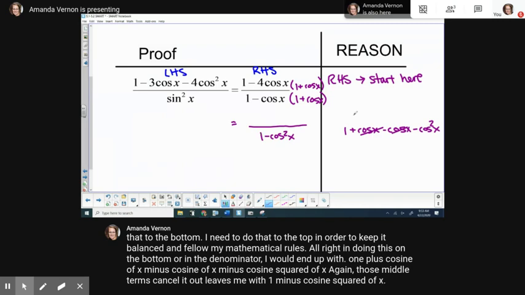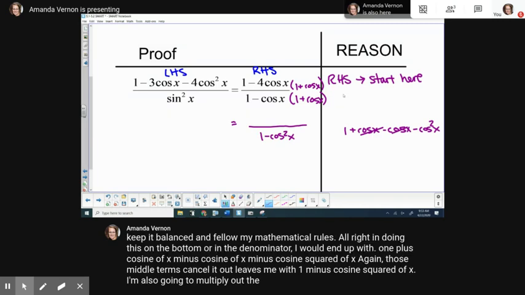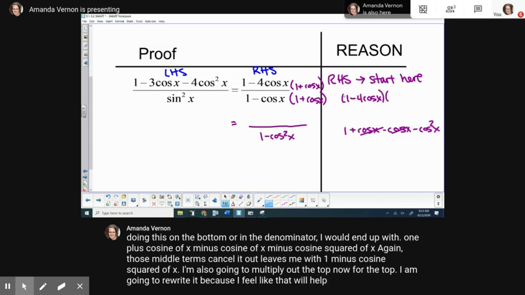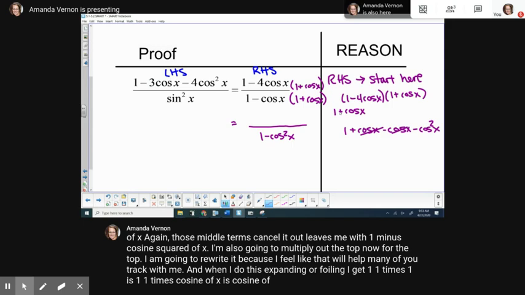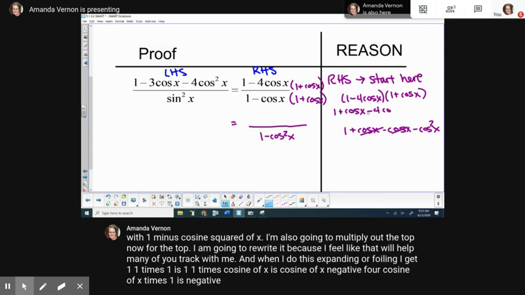I'm also going to multiply out the top. Now, for the top, I am going to rewrite it because I feel like that will help many of you track with me. And when I do this expanding or foiling, I get 1. 1 times 1 is 1. 1 times cosine of x is cosine of x. Negative 4 cosine of x times 1 is negative 4 cosine of x.